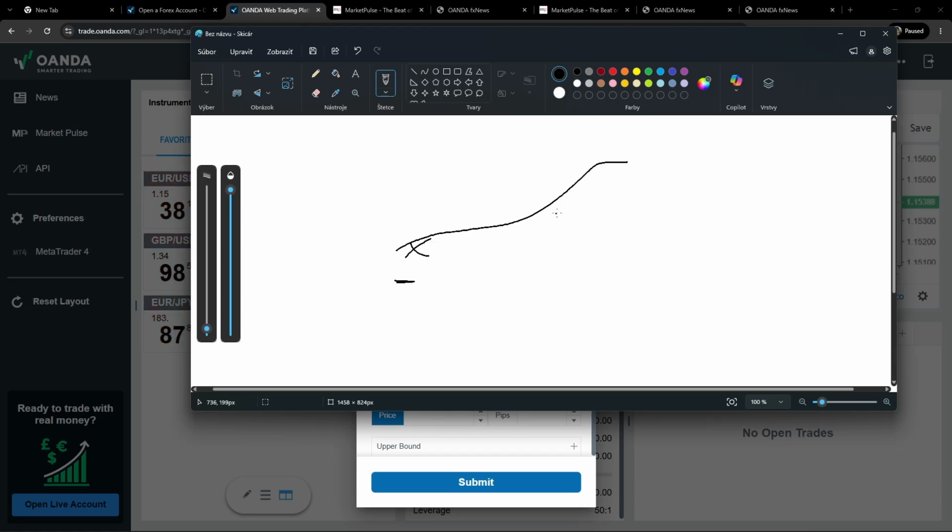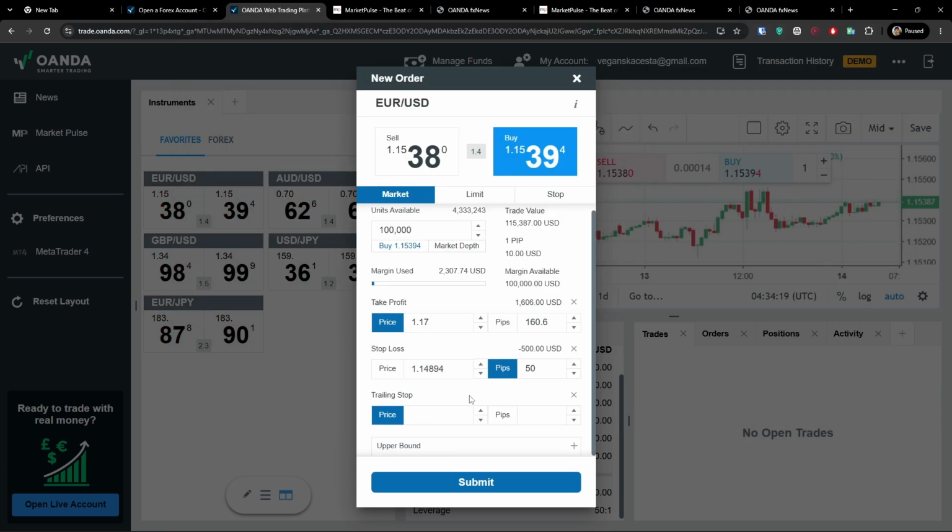Trailing stop, which is also great. Trailing stop means that you follow the price as your trade goes into profit, and it never moves back. I will show you how it works. Let's say you enter the trade here, and the stop loss would be here.